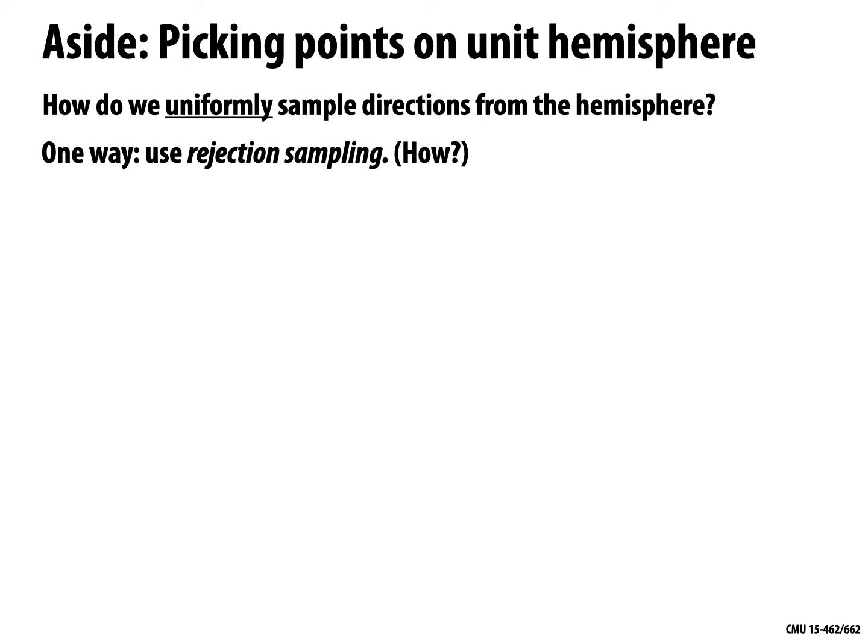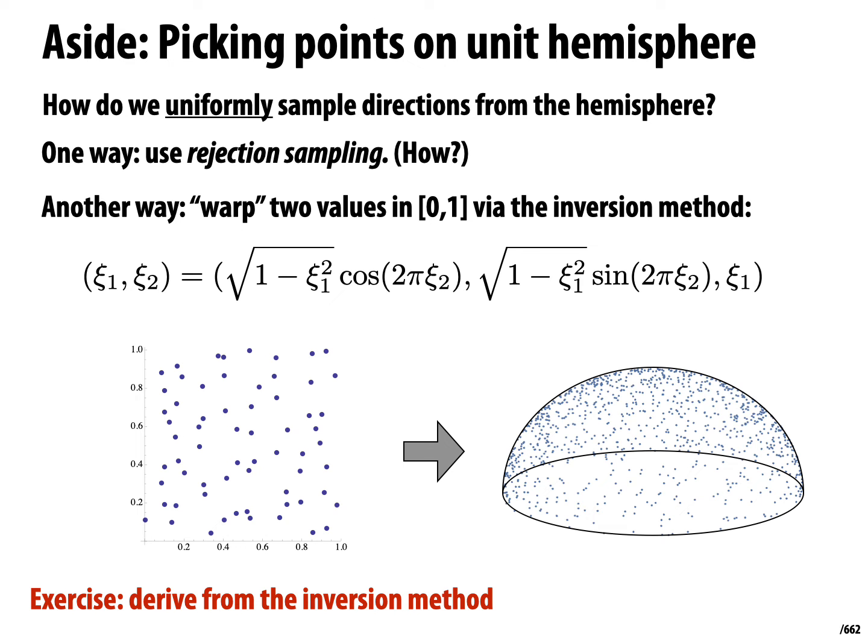All right? So that works pretty well, but you are wasting time by rejecting these samples. So another way you can do this is, in this case, the functions we're dealing with are simple enough that you can apply the inversion method. You can write down a map from the square to the hemisphere. You can see how that map distorts area and adjust for that area distortion to get a uniform sampling strategy.